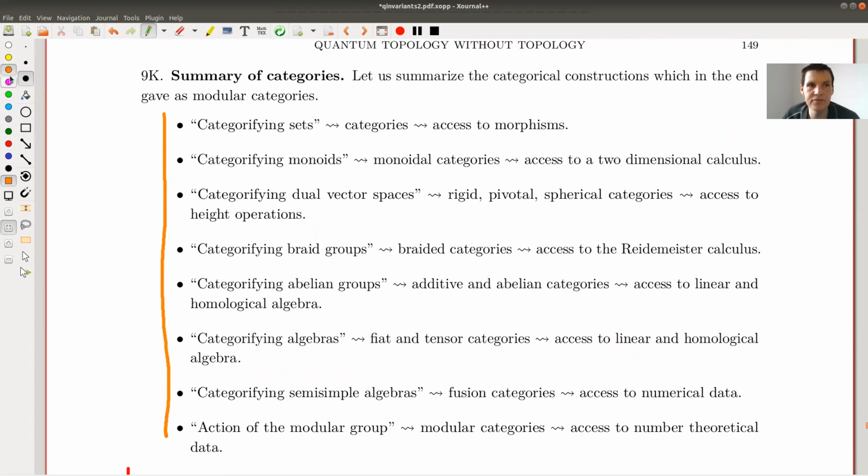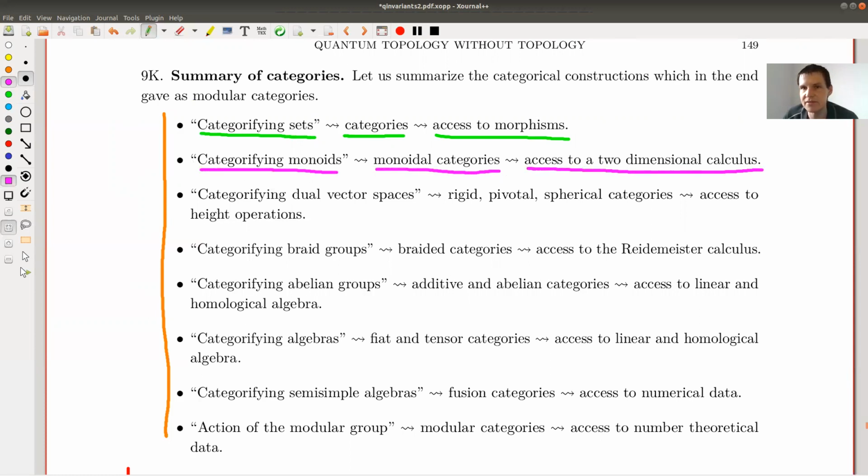If you want to categorify sets, you get the notion of categories and you have access to morphisms. So things without structure give you already morphisms. If you categorify monoids, then we got the notion of monoidal categories, and we had access to the two-dimensional calculus. Now we could put things next to one another.